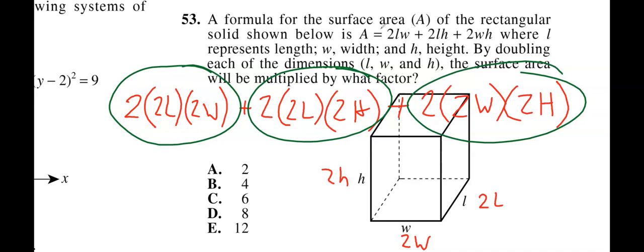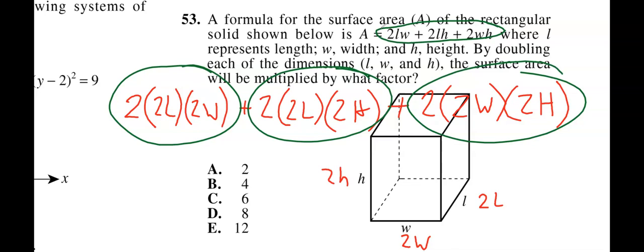Is there anything you could pull out of each one of those terms that would take us back to the beginning? I want to get back to 2LW, 2LH, 2WH. What can I pull out of every one of those?